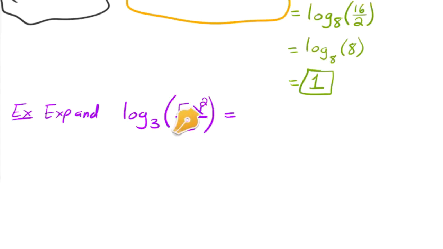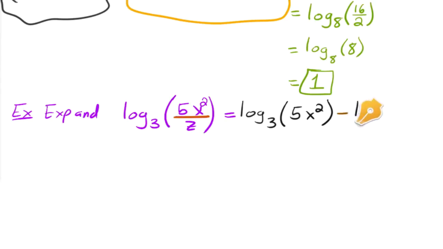The first thing I'm going to do is break up the division into log base 3 of 5x squared minus log base 3 of z, right? Just break up the division into a subtraction.